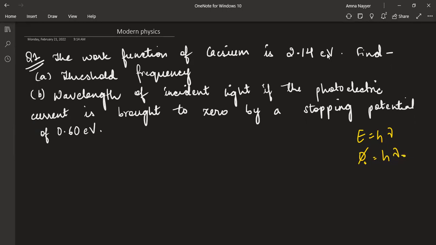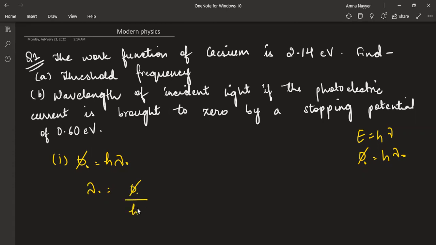So work function is given to you, threshold frequency is asked. For the first part, work function will be equal to Planck's constant into threshold frequency. Threshold frequency is not known to us, so it is E by h, that is work function by Planck's constant.